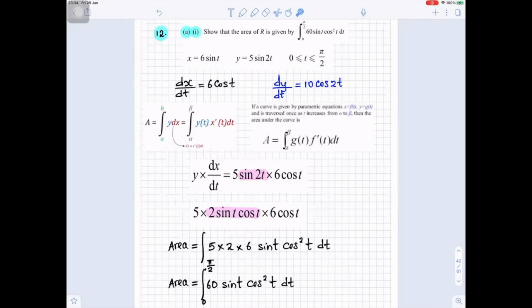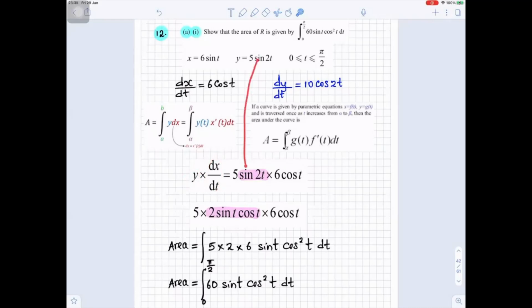So it's the integral of y of t times dx over dt. So you integrate the function y of t times the differential of x. So we will have y times dx over dt.